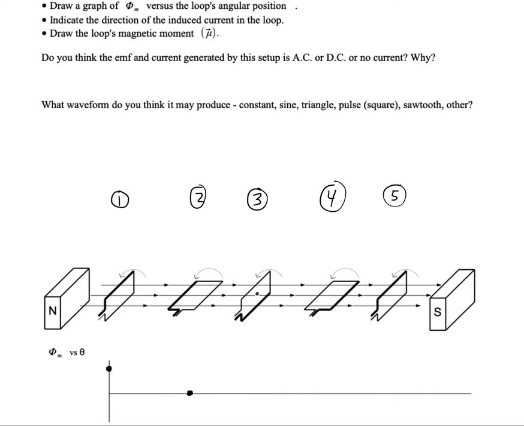Here we'll have flux, but I'm going to say that the flux is opposite of what it was before, because before it was coming through one direction, and now since the loop is completely rotated, it's going back through the other direction. Then the loop lays flat, and finally we come back to the same flux that we had had initially.